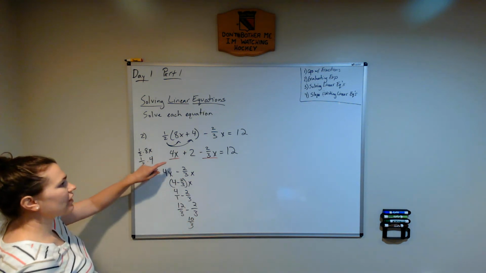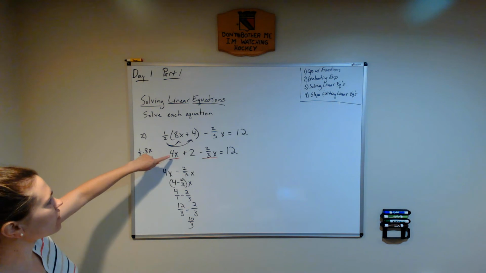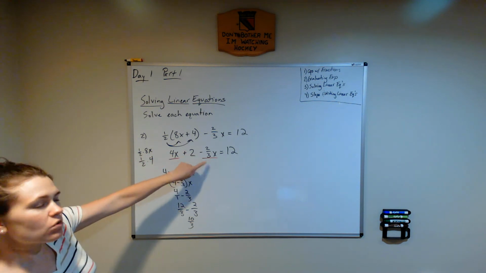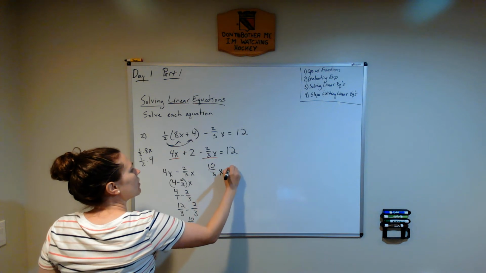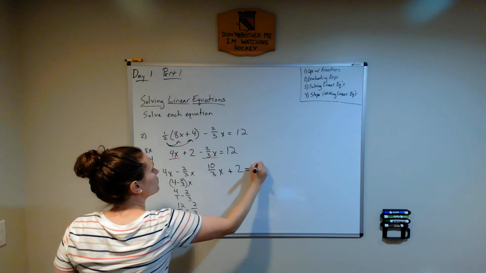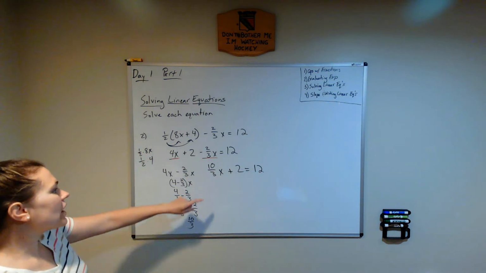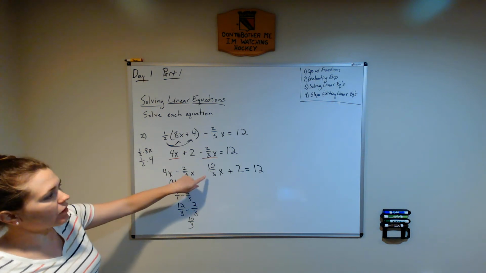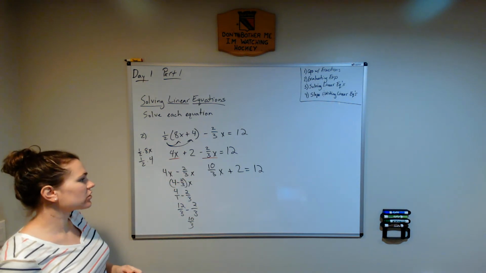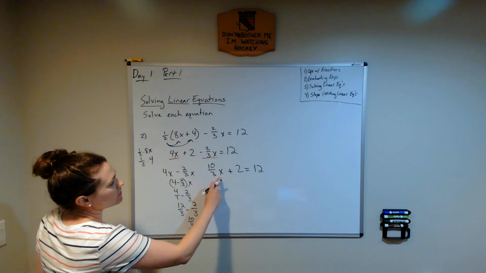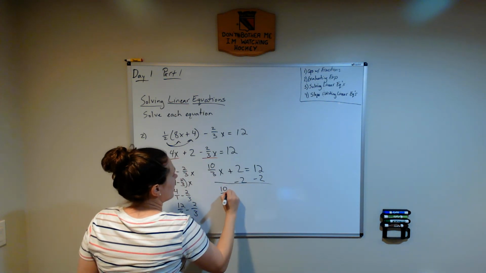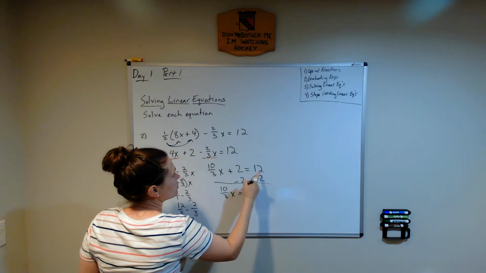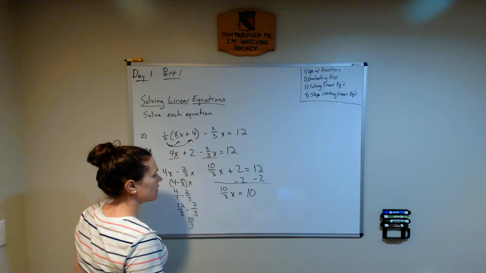So when you combine, because they're like terms, 4x and -2/3 x, you get 10/3 x plus 2 equals 12. And so now we look similar to the first problem. Okay, we only see x once in this equation. So we want to isolate x, so we're going to take away 2. That's going to give us 10/3 x equals 12 minus 2 is going to give us 10.